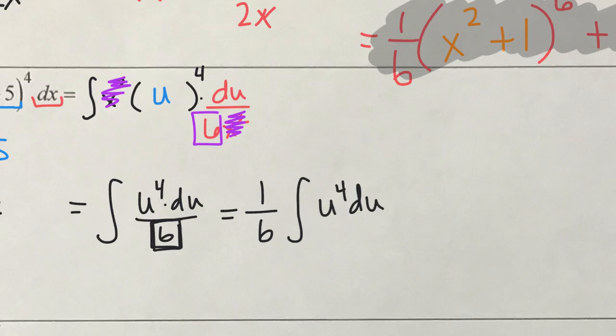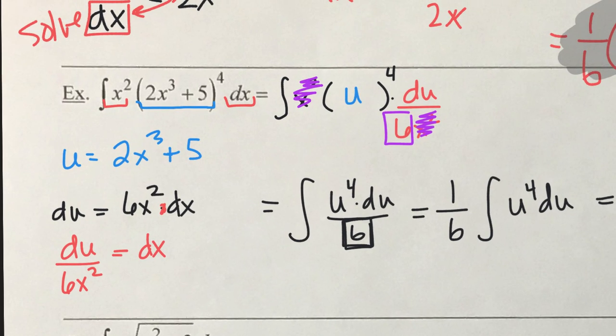So we're going to have 1/6 of the integral of u to the 4th du. Once again, hopefully you understand that this is much simpler, right? u to the 4th du is a lot simpler than x squared times 2x cubed plus 5 to the 4th.